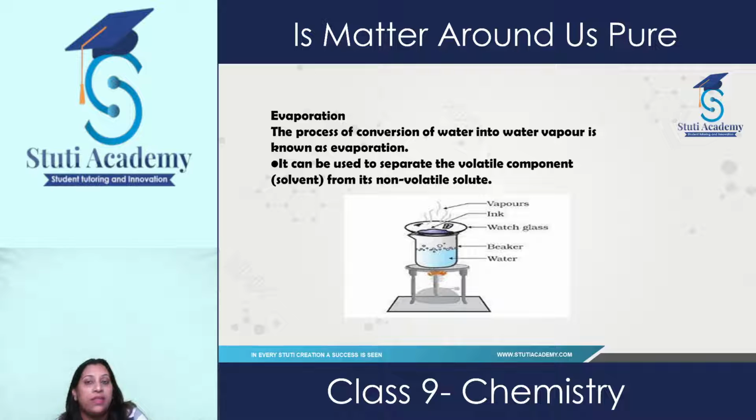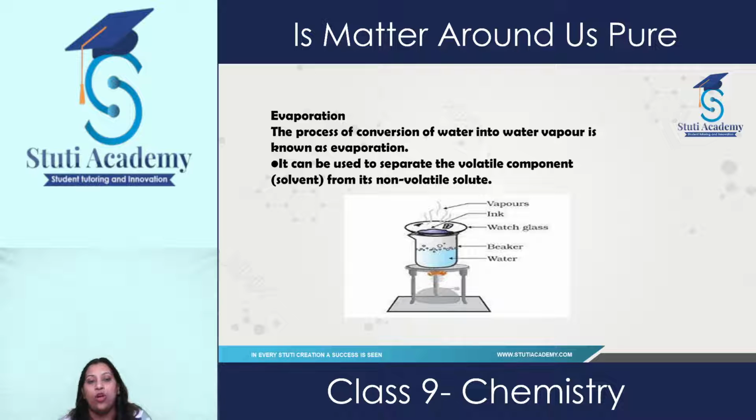Now, the second method is evaporation. Evaporation is the process in which the liquid part evaporates and goes into the air in the form of vapors. This method is used to separate the volatile component, which acts as a solvent, from the non-volatile component, which is a solute.